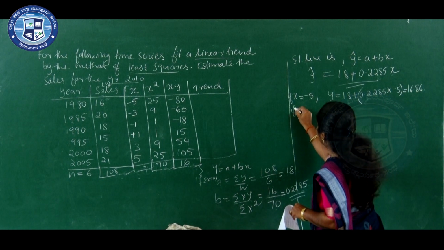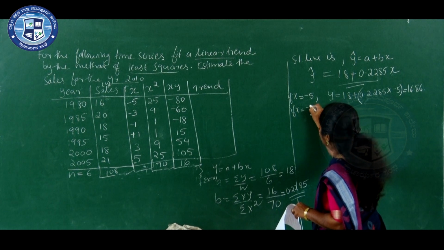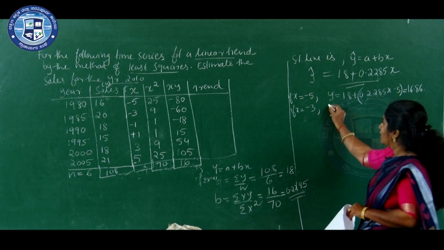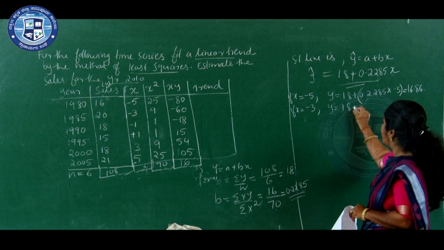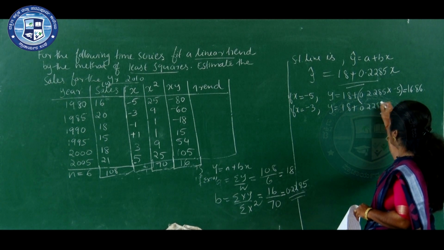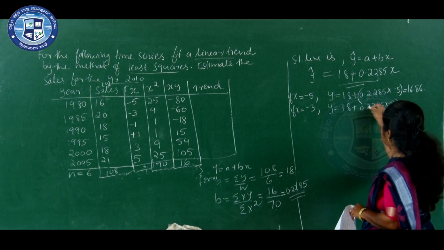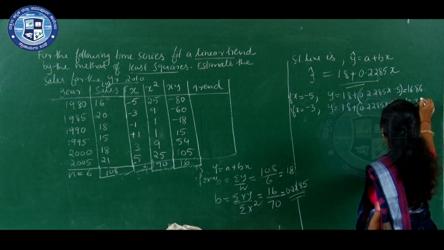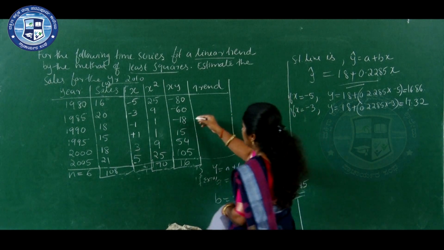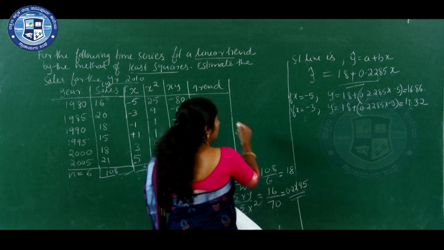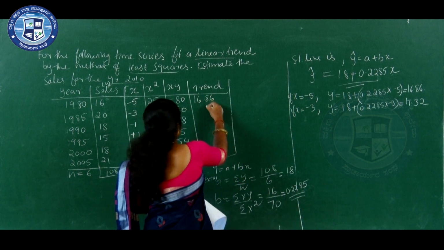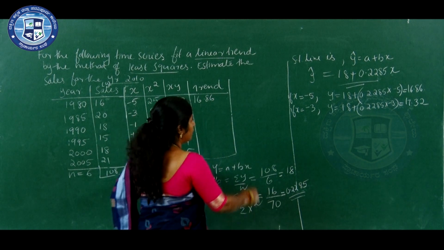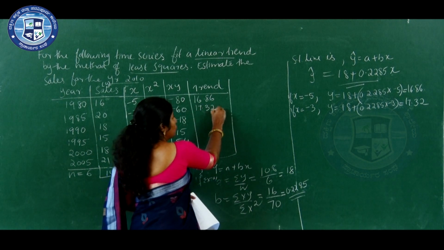If x is equal to minus 3, y is equal to 18 plus 0.2285 into minus 3, that is 17.32.